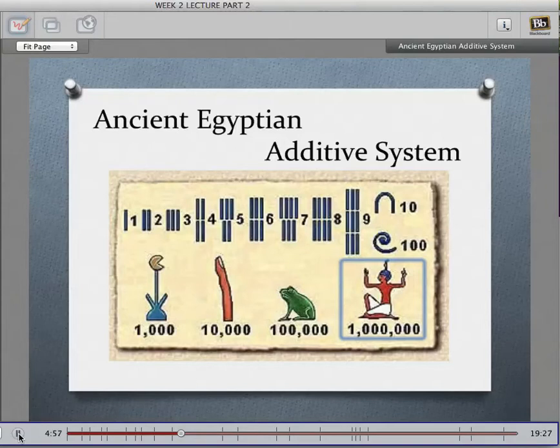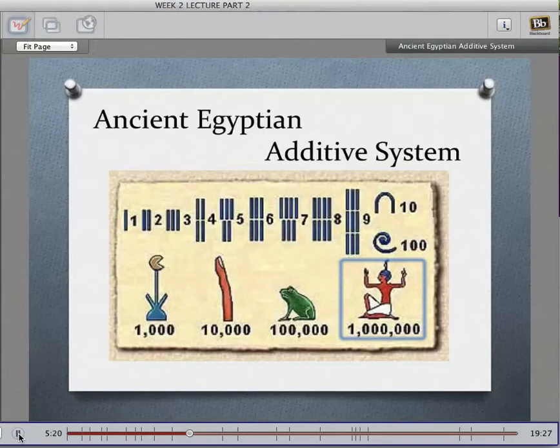For 1, they used a stick. For 2, they used 2 sticks. And for 3, they used 3 sticks, and so on and so forth, up to 9. Once they got to 9, they decided, well, let's have just another symbol for 10, which is a croquet wicket.